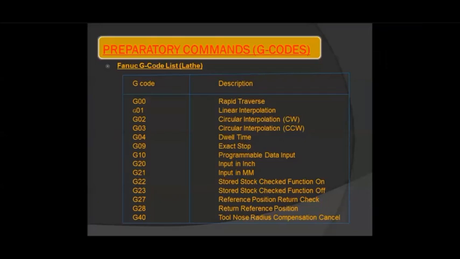Preparatory commands, G code. Fanuc G code list for lathe. G00 rapid traverse. G01 linear interpolation. G02 circular interpolation clockwise direction.